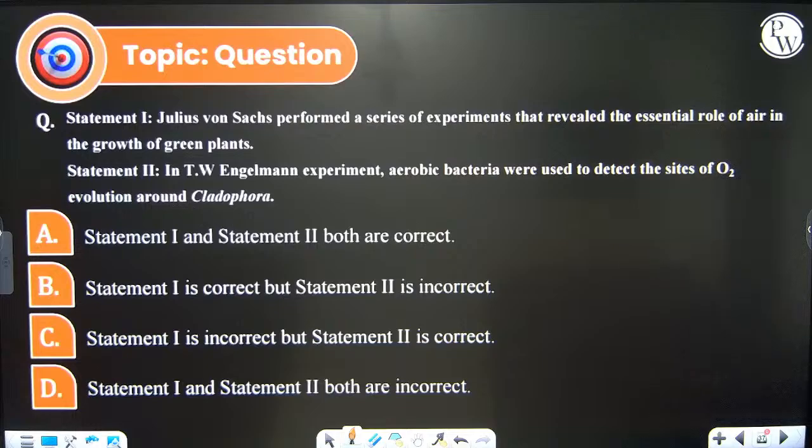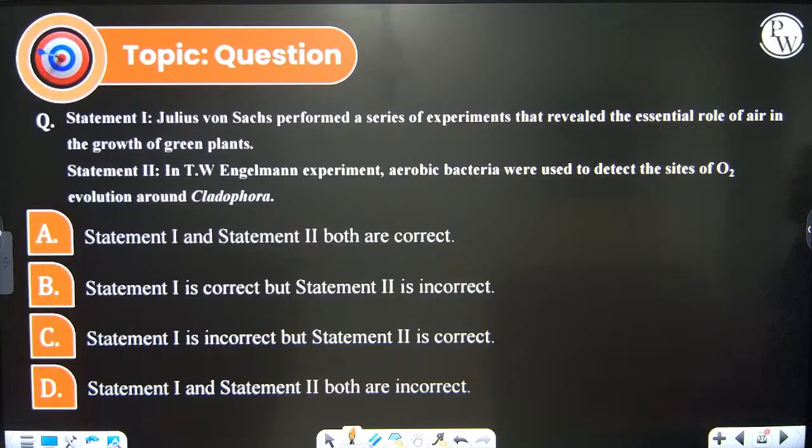Julius von Sachs performed a series of experiments that revealed the essential role of air in the growth of green plants.